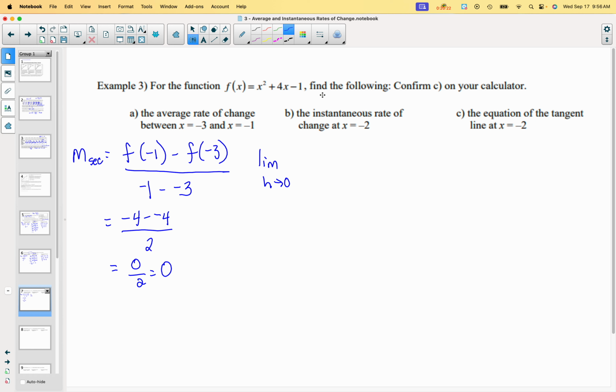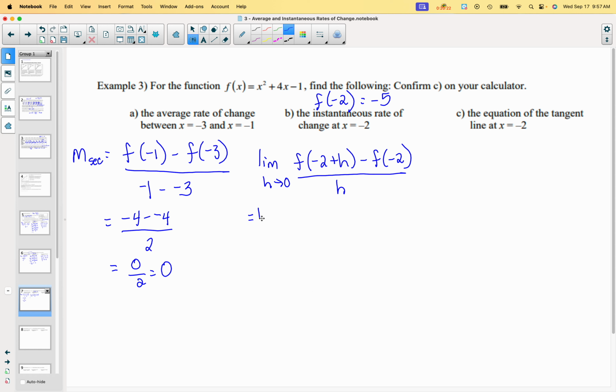Let me do this. I'm going to need to know f of negative 2. That's going to be 4 minus 8 is negative 4, minus 1 is negative 5. So I'll be using this, and I'm going to just write that down. So we're going to have f of negative 2 plus h minus f of negative 2, just using that formula, over h.